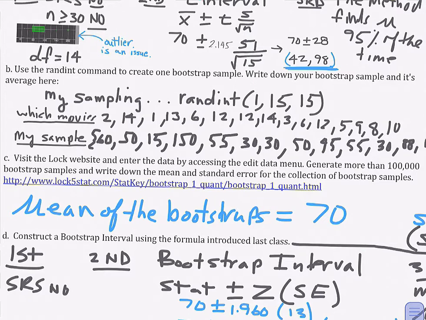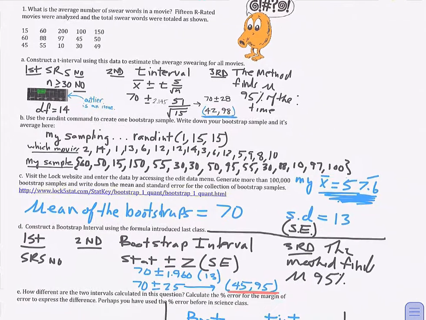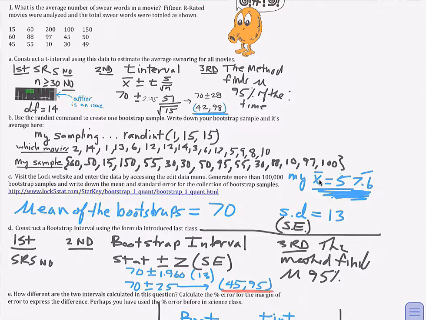Then I went to the list and found out movie 2 had 60 swear words in it. Movie 14 had 50. Movie 1 had 15, and I recorded that sample. That's a bootstrap sample. And from that bootstrap sample, I added them all up and divided by 15 to figure out that my average from my bootstrap sample was around 58.